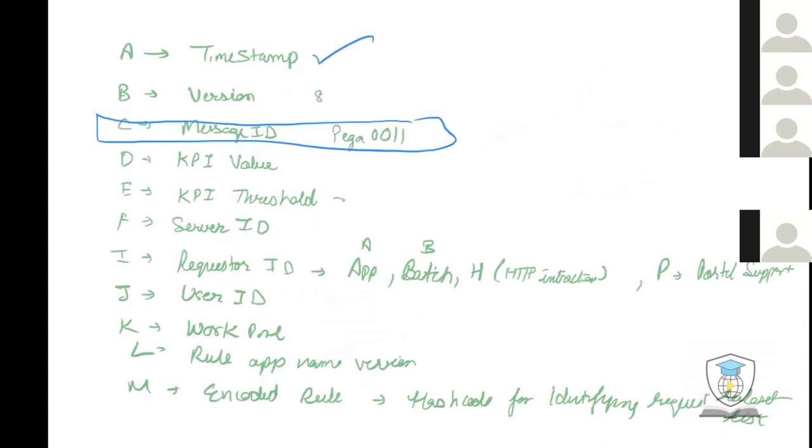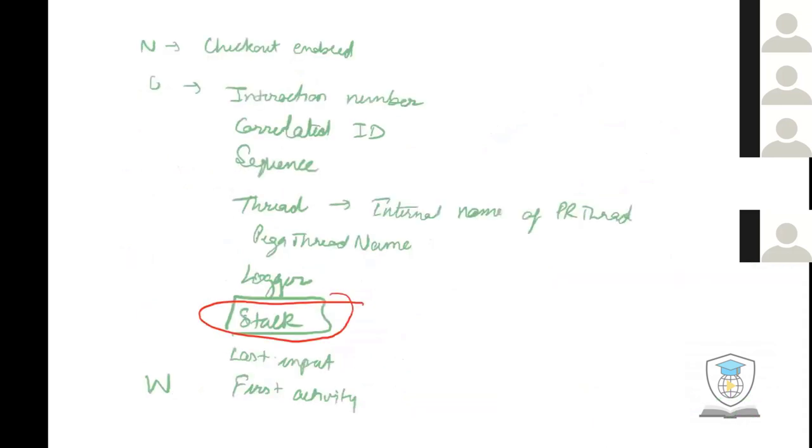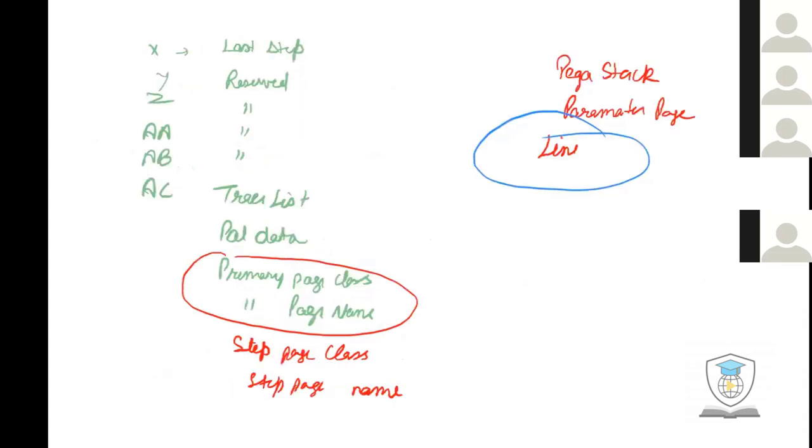Timestamp is important. Version is the same for everything. Requester ID and user ID are important for you. After that, interaction ID and stack are important. These can be important sometimes, but we have primary page name, step page name, line, description. And this trace list can be important for you.